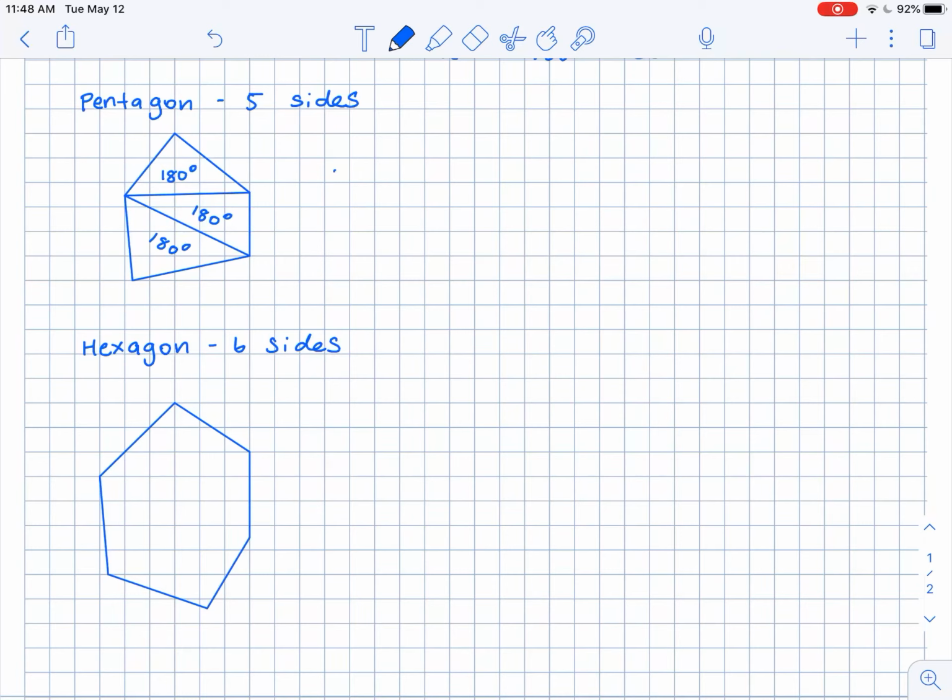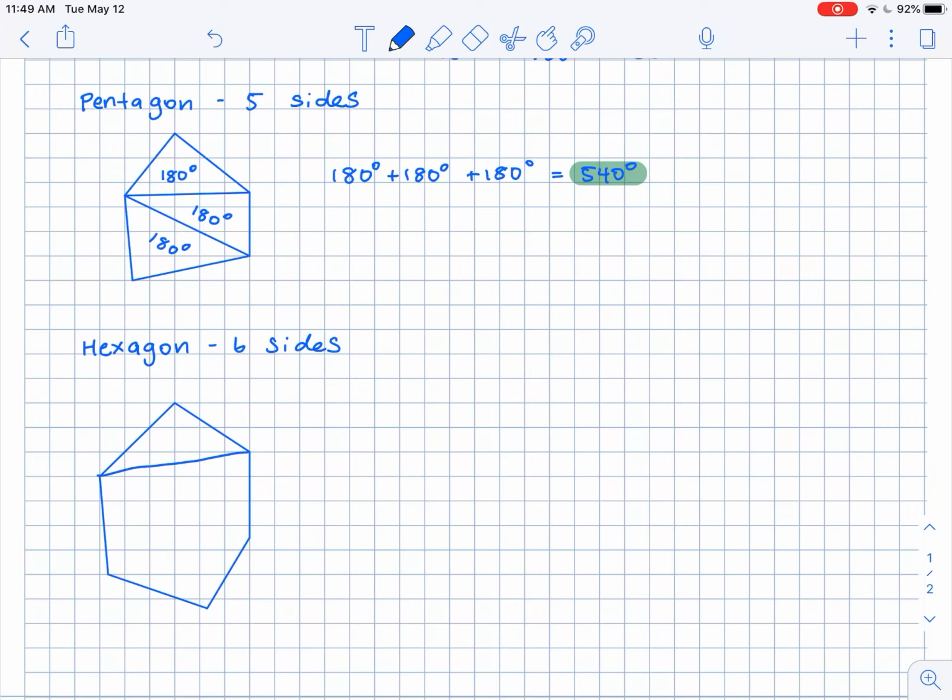Okay, so that means 180 plus 180 plus 180 equals 540 degrees. Okay, so the sum of interior angles for the pentagon is 540 degrees.